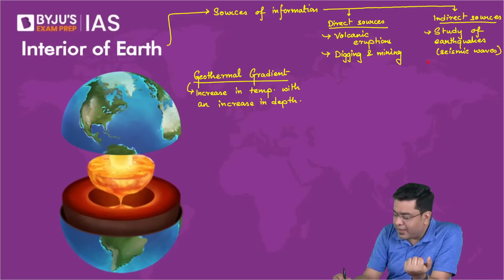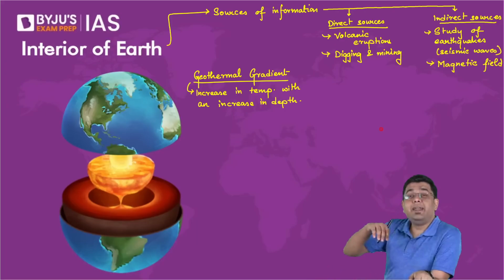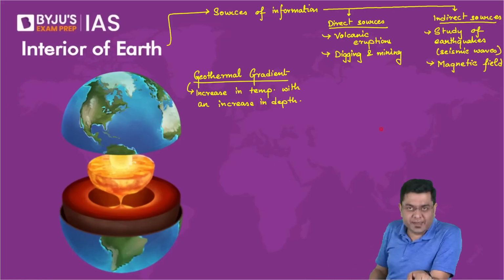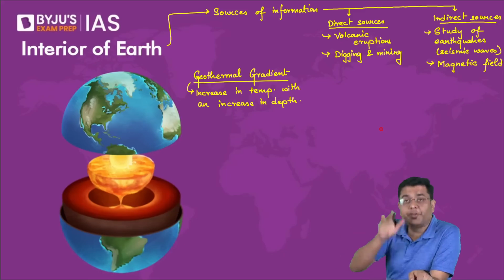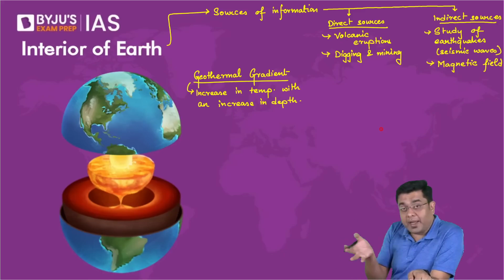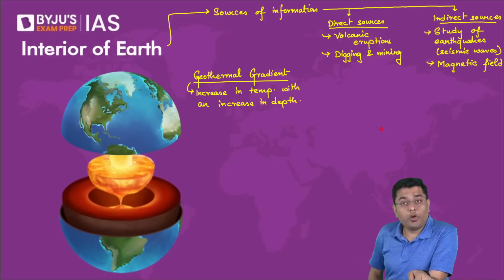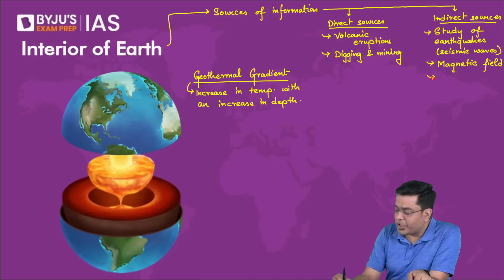Then, other than that, we get an idea about the interior by studying the magnetic field of the planet, understanding any variations or interruptions which arise in the magnetic field. By that, we get an idea whether the interior structure is changing or not. Then you have the study of the gravitational force.